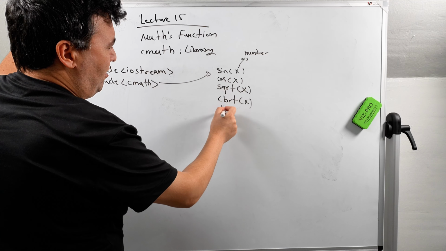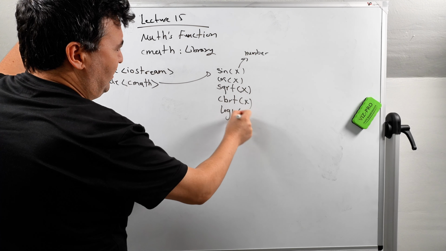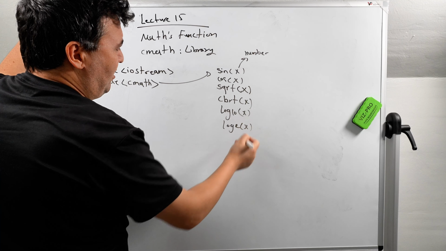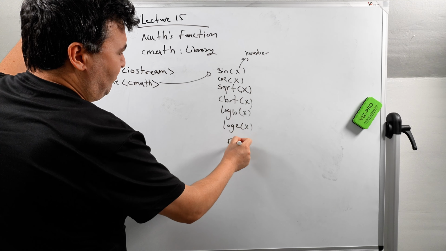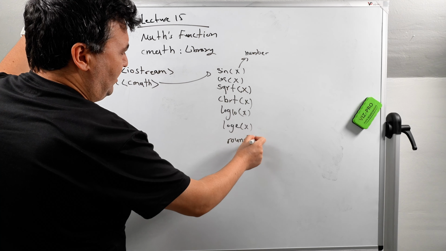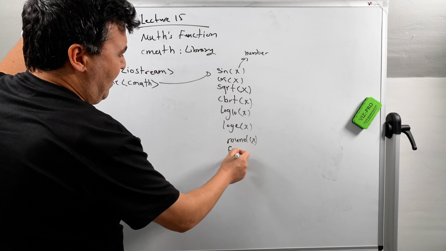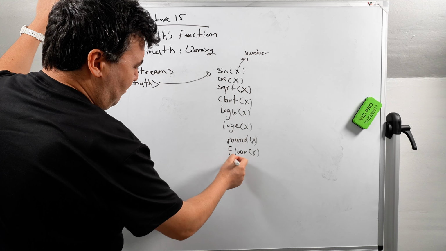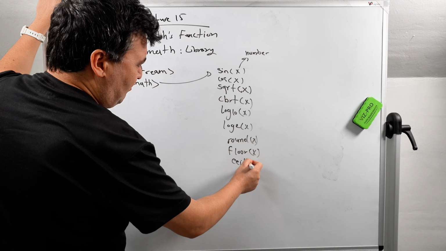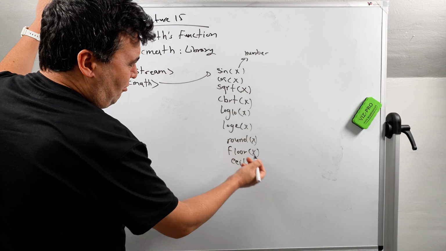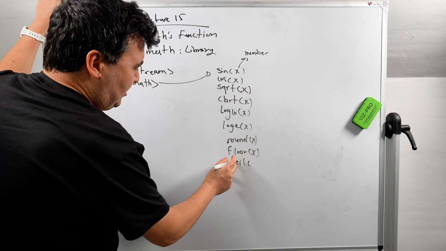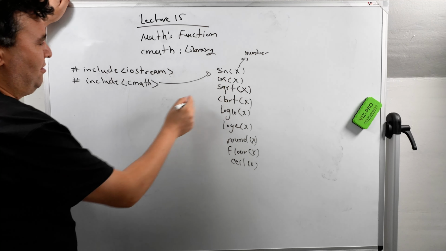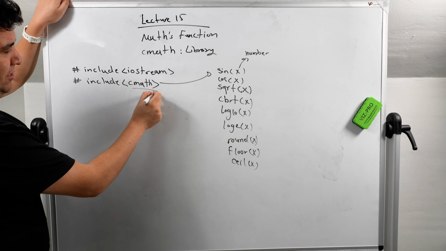If you want log10 of x, or log2 of x, or you want to round, or round down, we can use the floor function, and if you want to round up, we use the ceil function. All of these functions are included in this library.